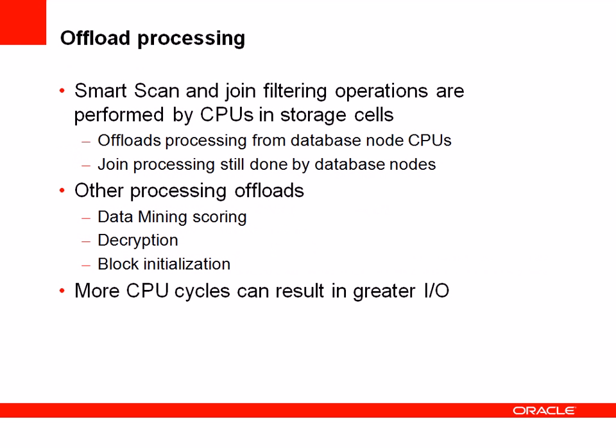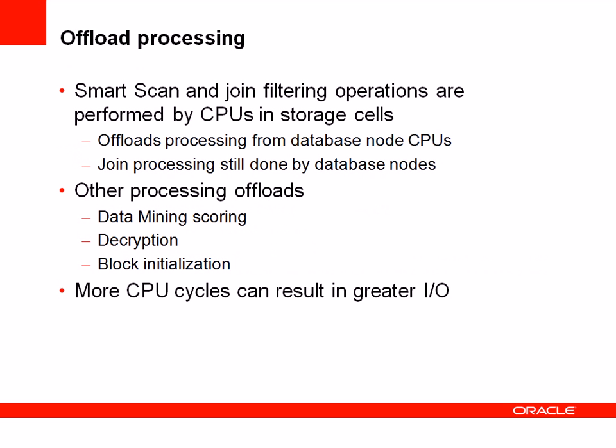You can also reduce database server CPU workload because keep in mind, Smart Scan and join filtering are reducing the amount of processing that has to be done by the CPUs by sending less data there. It's also offloading the processing to the CPUs in the storage cells. So it offloads processing for join filtering, for Smart Scan, and a few other things.